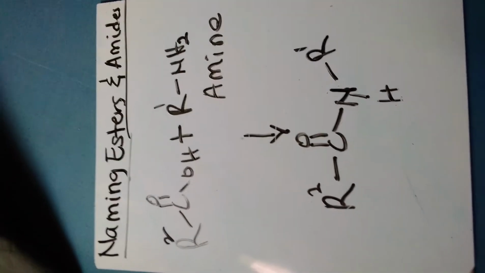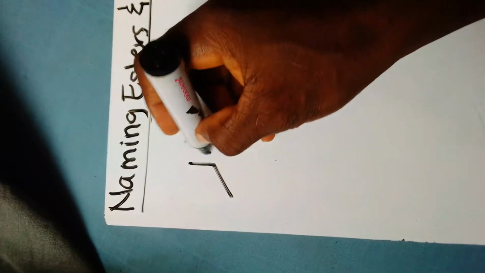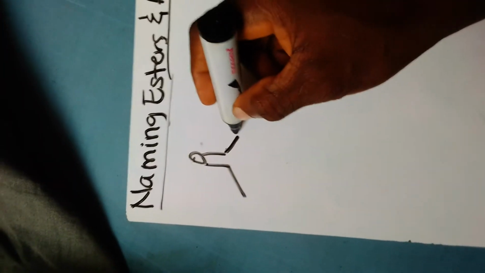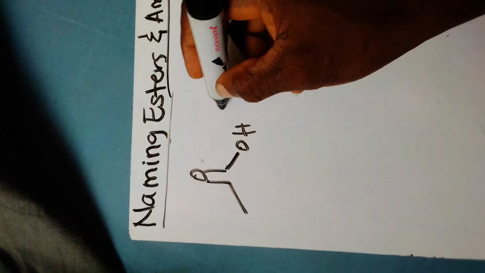Let's see how amides are named. If you react any carboxylic acid with ammonia, you also produce an amide. Let's say you have this carboxylic acid plus ammonia.